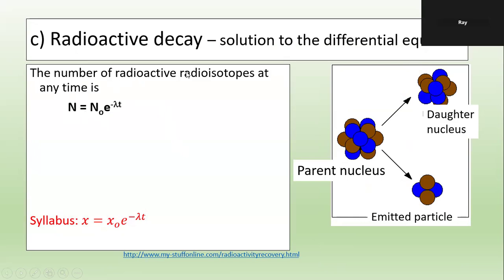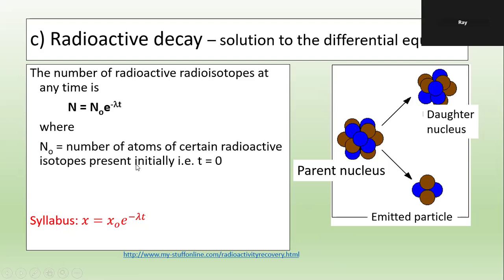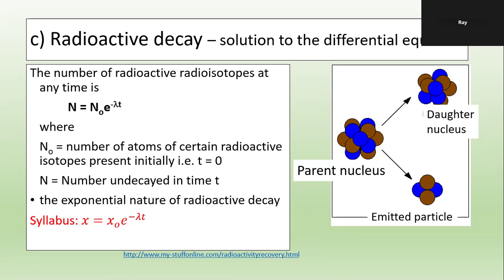The number of radioactive isotopes at any time is given by that equation, as in the syllabus, where N0 is the number of atoms of a certain radioactive isotope present initially, at time t = 0, where you start the counting. N is the number undecayed at time t. It's an exponential decay.